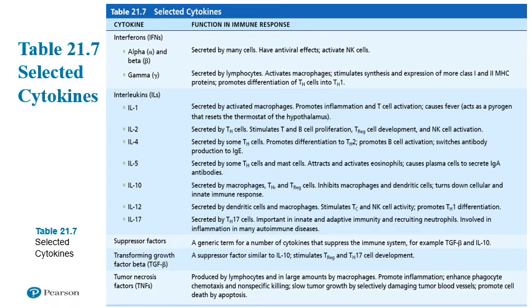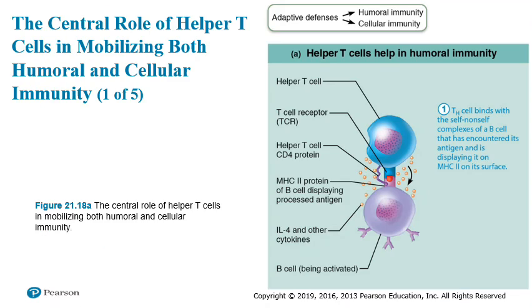Interleukin 2 is actually a growth factor, and this growth factor is a co-stimulant, and they will be co-stimulating a CD4 and a CD8 into becoming a helper T cell or a cytotoxic T cell. And these are your interleukins and their function in the immune response.